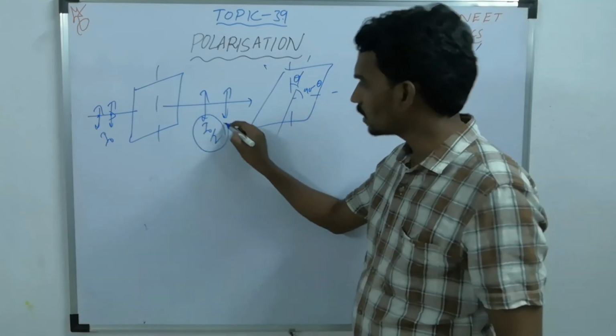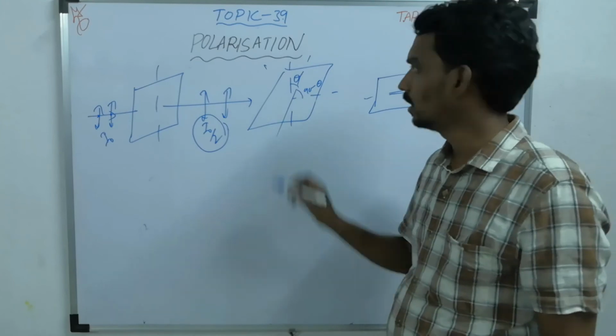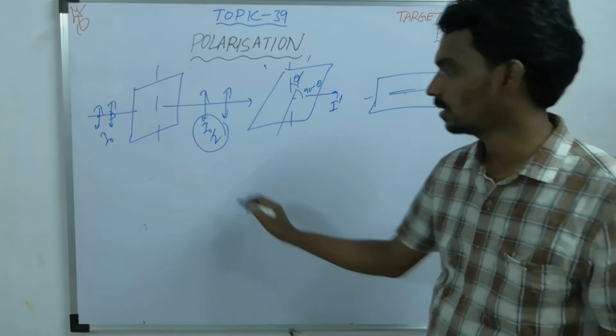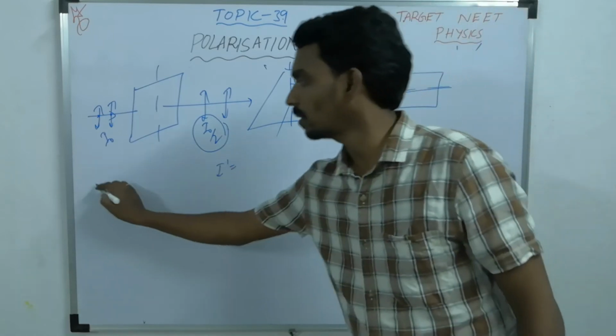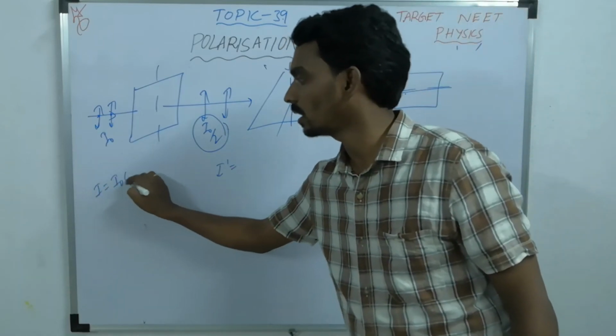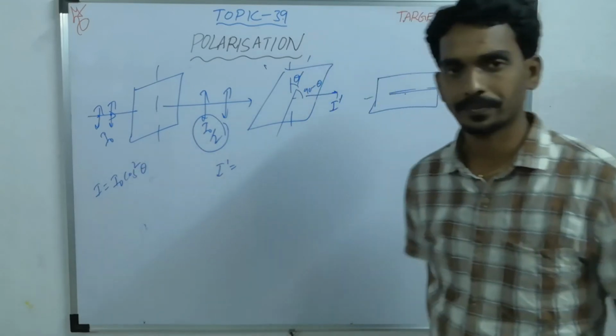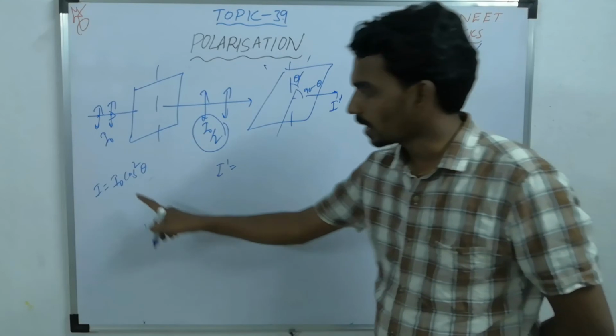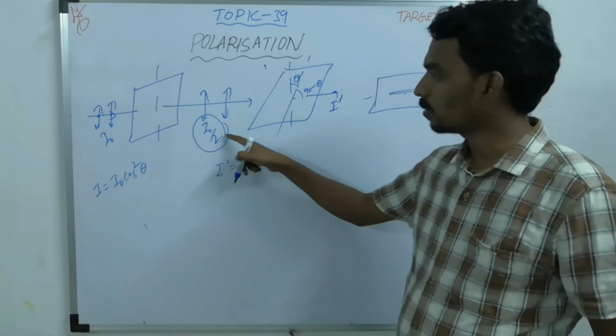First, the intensity falling on this is I0 by 2, so what intensity emerges out? Let's take I dash. The formula was I equals I naught cos square theta, where I is the intensity emerging out and I naught is the intensity falling.